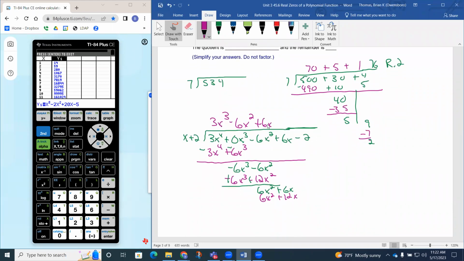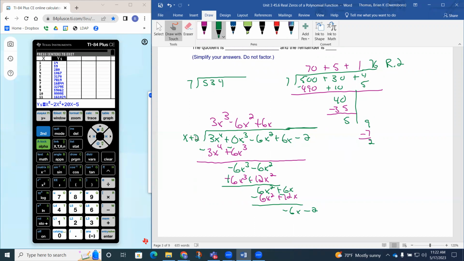Then we're subtracting, so we need to change the signs. So this turns into a negative, and this turns into a negative. And then we bring this down, which gives me a negative 6x, and this minus 2 is going to slide down as well.